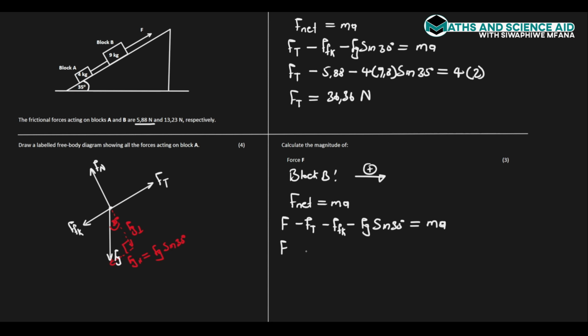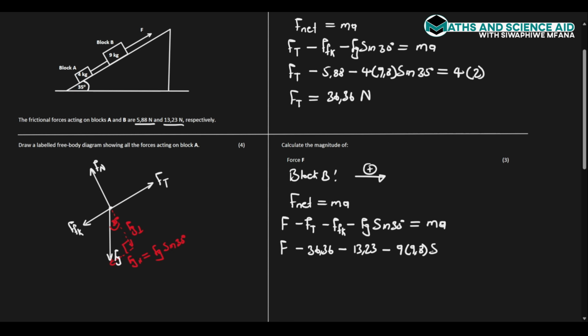We do not know the force, of course. We do know that the tension force is 36,36 newtons from the previous calculation. The frictional force for block B is 13,23. And then we can calculate Fg for block B by taking its mass, which is 9 kilograms, and multiply it by 9.8 meters per second squared.